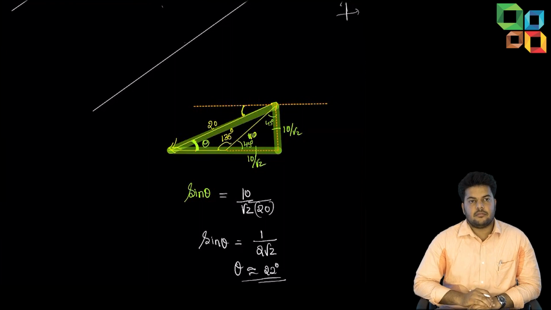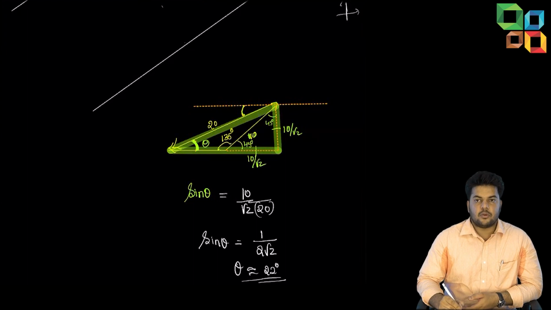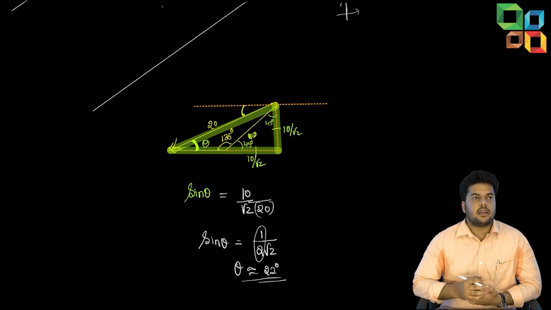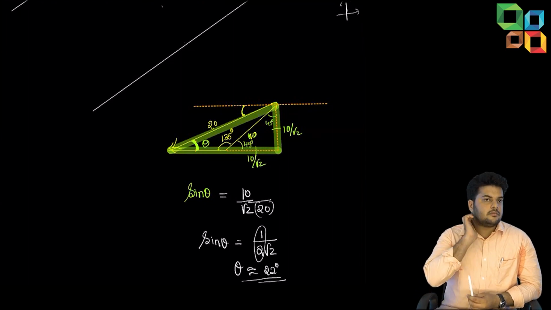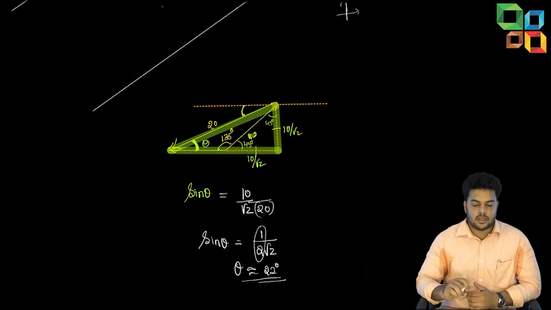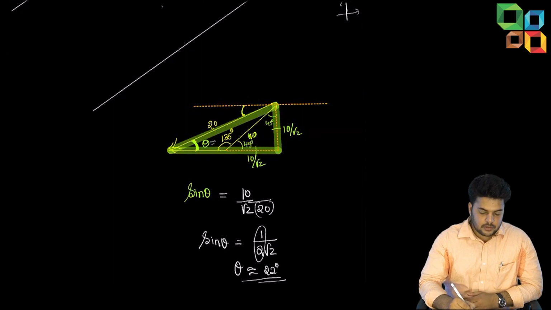So half of that, 22 and a half. You can check it out. This is half of 1 by root 2, so I divided the angle also in half. Approximately, you won't get the correct answer. Approximately 22 degrees.